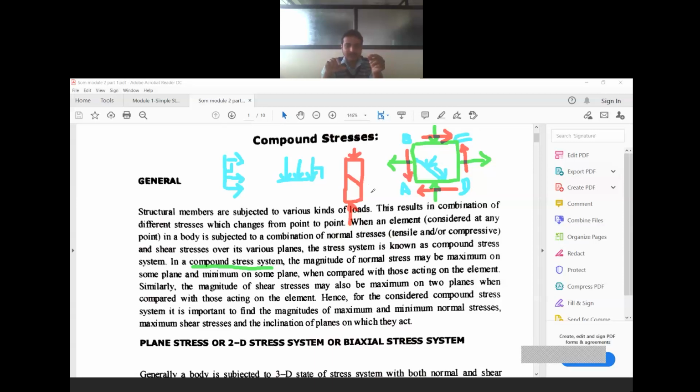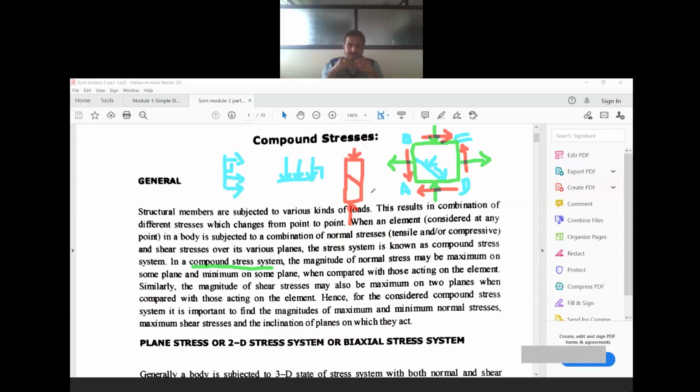Similarly, the magnitude of shear stress may also be maximum on two planes when compared with those acting on the element. Hence, for the considered compound stress system, it is important to find the magnitudes of maximum and minimum normal stresses, maximum shear stresses, and the inclination of planes on which they act.